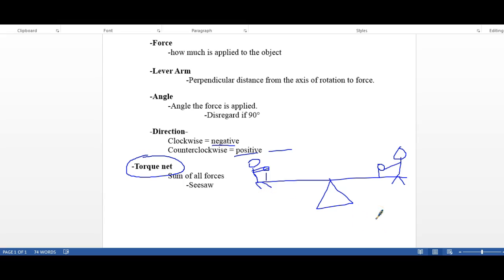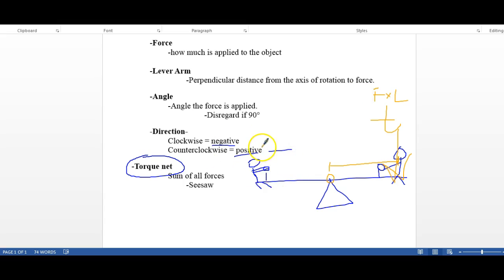When this child sits here, they apply a force down. This force could be like this, and that's torque, because there's the axis here. Here is your lever arm, this part here, and then you're applying the force. So F times L, you have a torque.